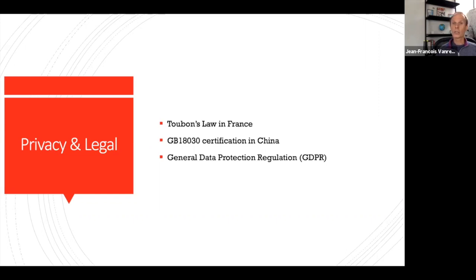In China, there's a certification called GB 18030, and that certification makes sure that your products support different character sets, so that Chinese customers can type in different characters from all the scripts that are used in China. They have a lot of different scripts, especially from some minority regions, and they want to make sure that those characters and scripts are represented in the character set.